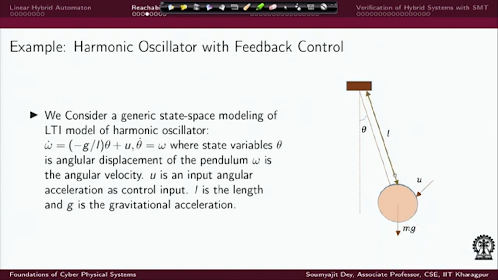Given the length of this rod as L and the mass of this ball as m, the angular velocity omega will follow this kind of equation, where theta dot will of course be omega, and theta is the angular displacement of the pendulum, and omega is the angular velocity, and these are the two state variables in this system. Okay, and u is our control input, like we said.